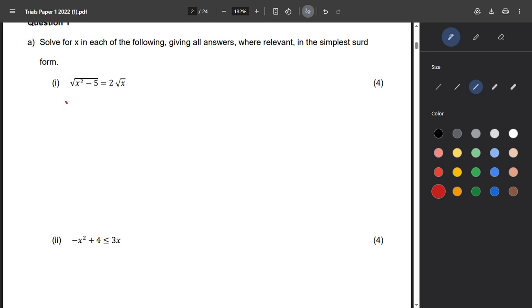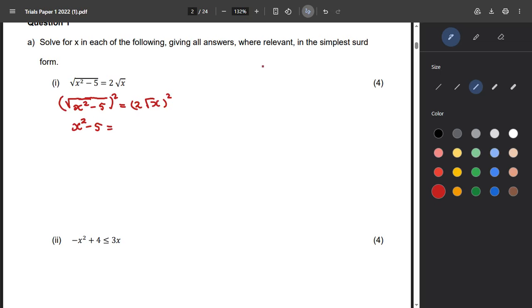So I'm going to rewrite this as x squared minus 5 equated to 2 root x. Let me square both sides to get rid of the square root. Here the square root will cancel and I'll be left with x squared minus 5 equals what?